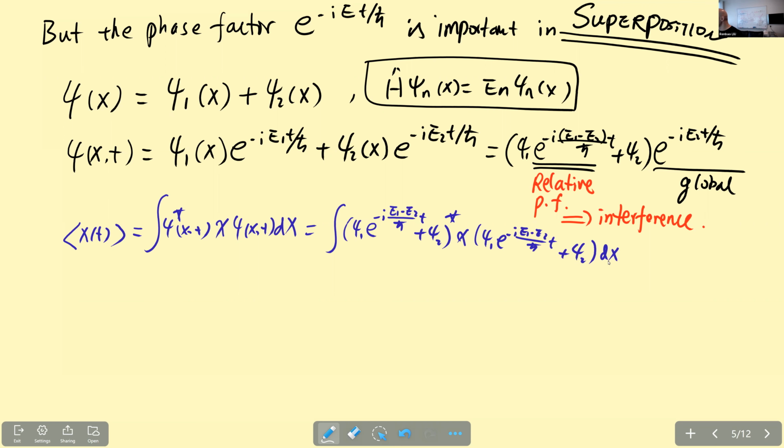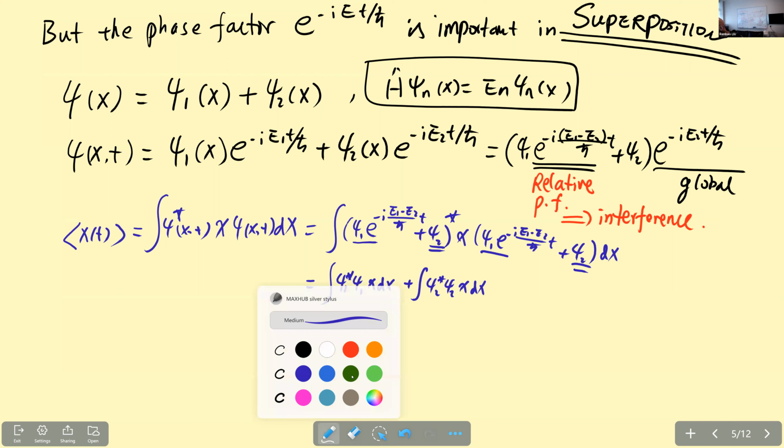And now you can see that you can have this term combined with this term, or this term combined with this term. And they are just the same as what we have done before. So that will give us psi 1 complex conjugate, psi 1, and x dx, plus psi 2 complex conjugate, psi 2, and x, dx. But you can also have cross terms.